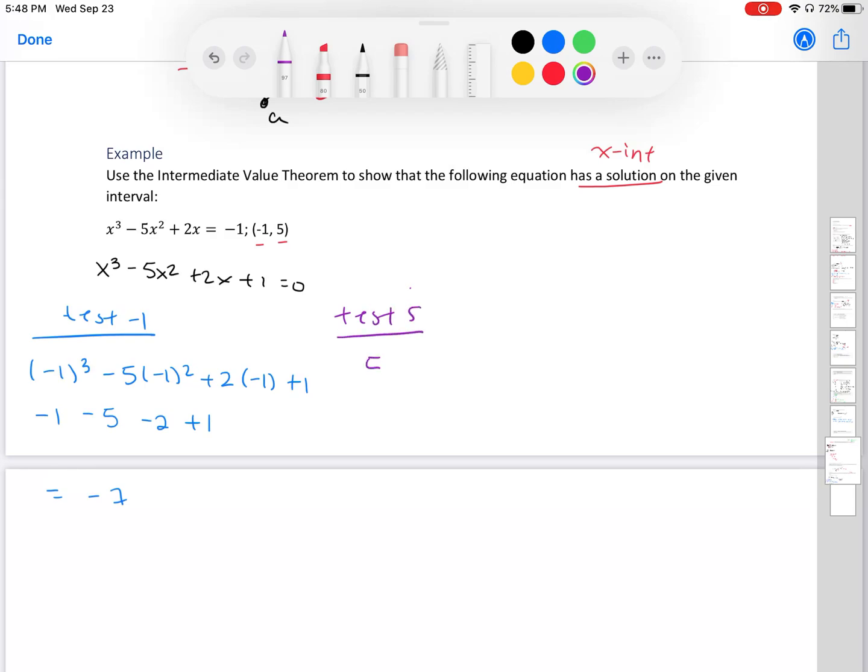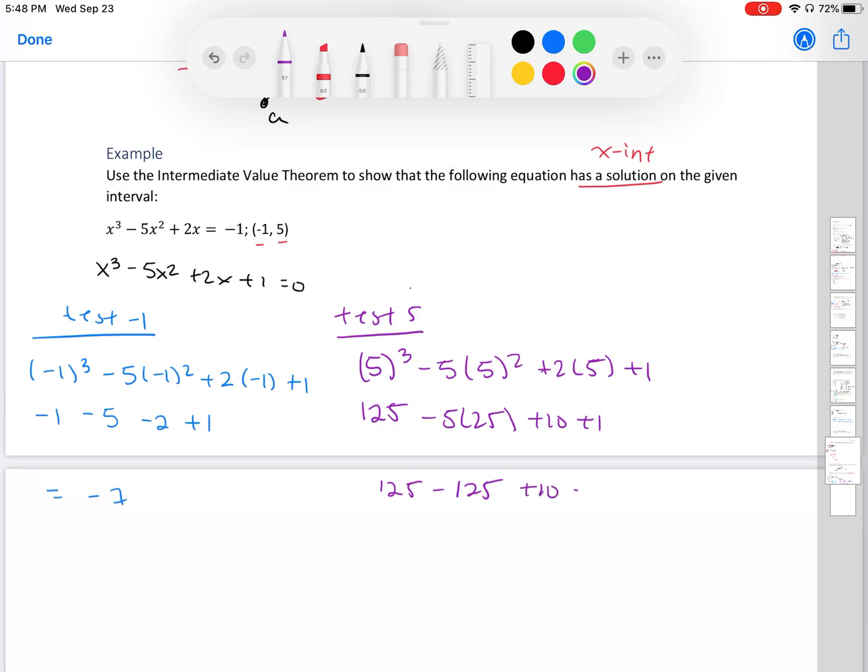We get 5 cubed minus 5 times 5 squared plus 2 times 5 plus 1, which gives us 125 minus 5 times 25 plus 10 plus 1, which is 125 minus 125 plus 10 plus 1. We get 11.